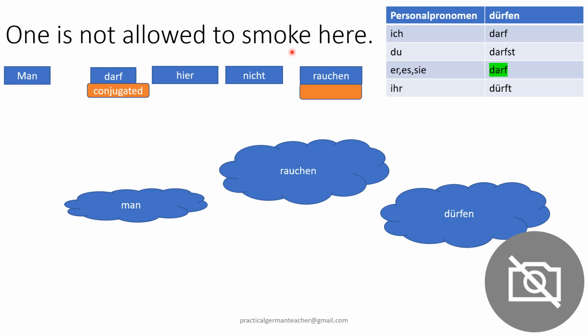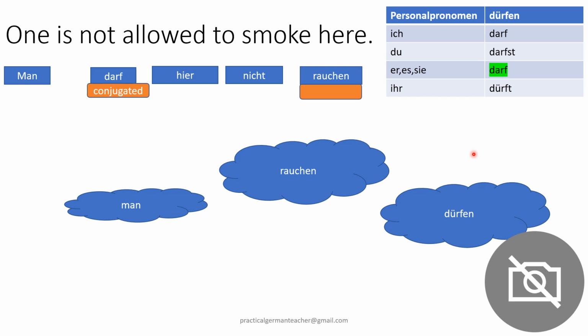So here you need two verbs again. It's not obvious, but whenever you have to see a sentence that involves to allow, or something where there is permission to be given, then you think of the modal verb dürfen.